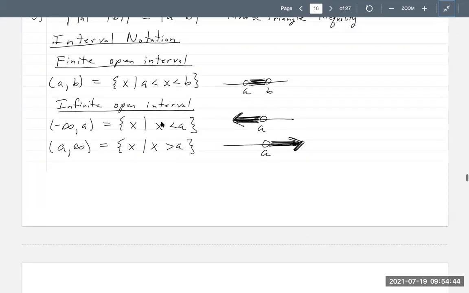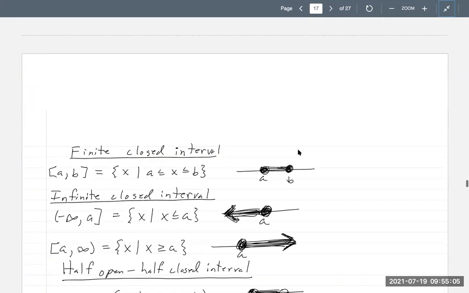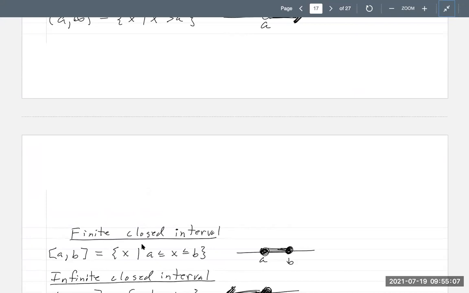By the way, note that when you write your inequalities in standard form, meaning that your x is on the left side of your inequality, this arrow here is in the same direction as this arrow. The finite closed intervals.